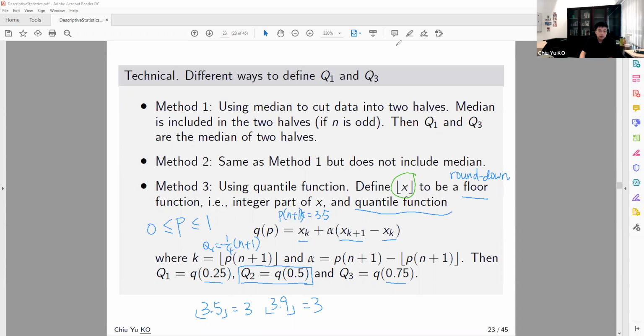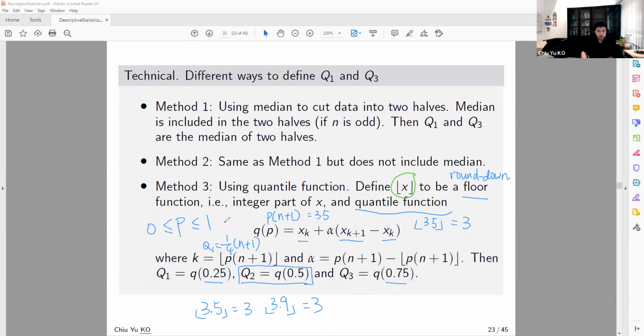Let me erase a little bit. So suppose p times n plus 1 is 3.5. Then you do the integer function, which gives you 3.